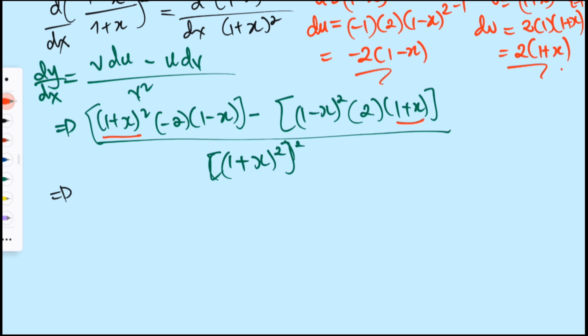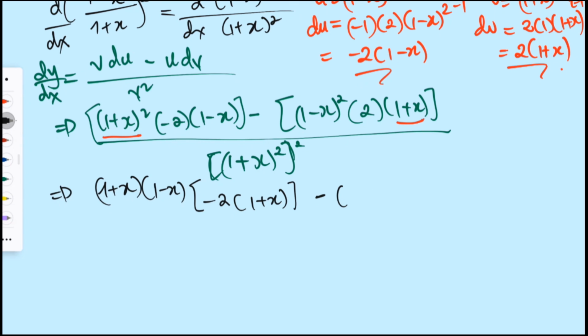So let's factor those out first. 1 plus x, I'm going to factor 1 of them out, and 1 minus x right over here, big bracket. -2 is going to be left inside, and then 1 of the 1 plus x will be left inside as well for the first term, minus the second term.